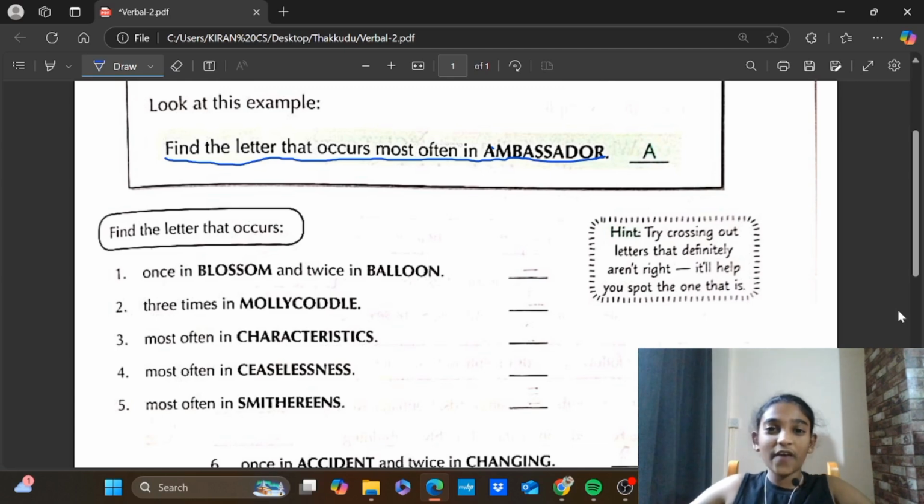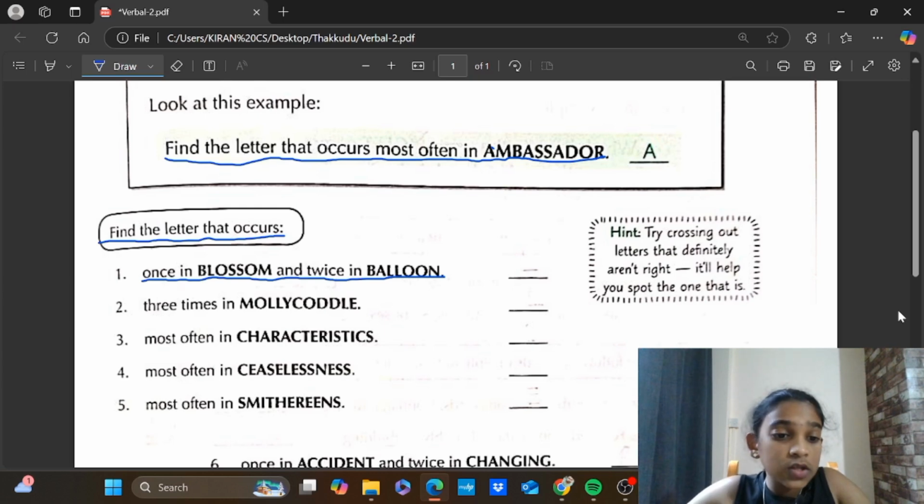So moving to the first question. Find the letter that occurs once in blossom and twice in balloon. Okay, so we got to find which letter comes once in blossom.